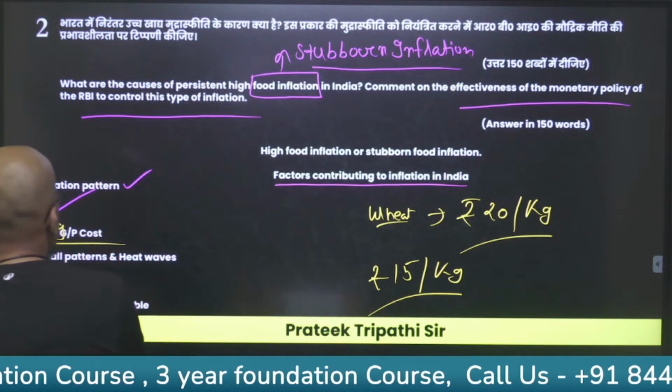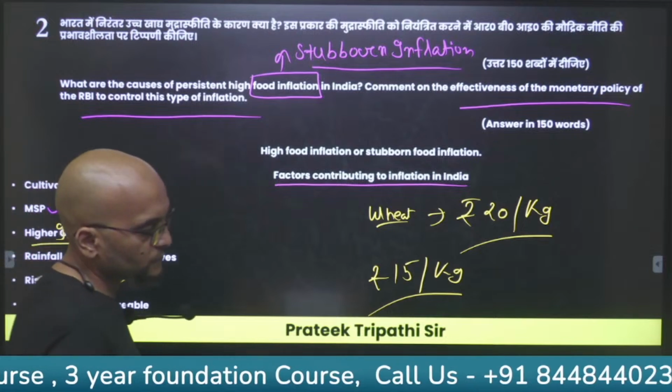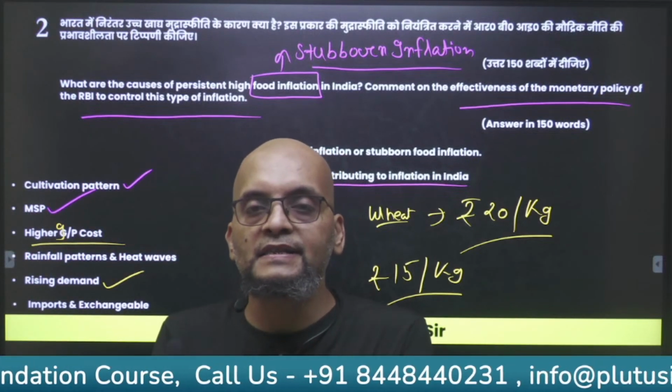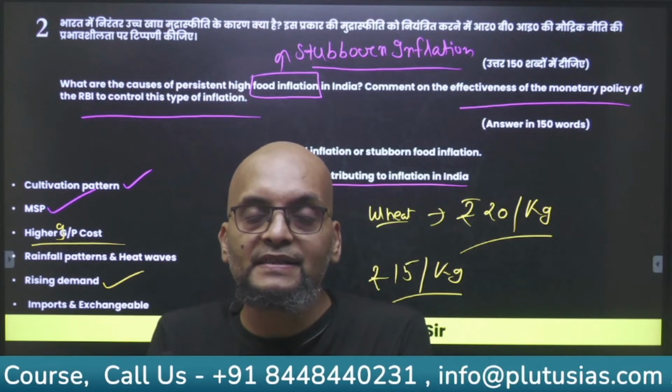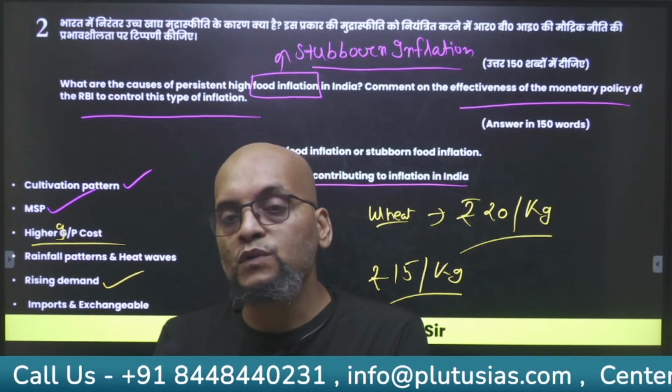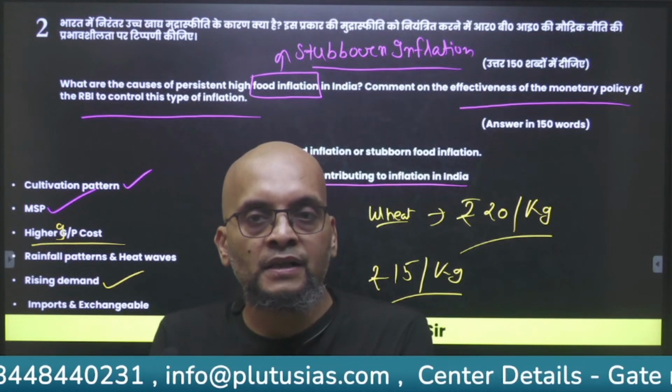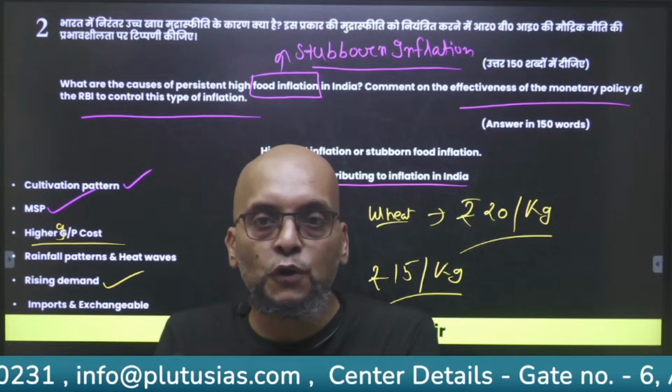Next is rising demand. See guys, population in India is already 140 crore and it is increasing day by day. So there are so many mouths to be fed. But pay attention, the arable land is not increasing.